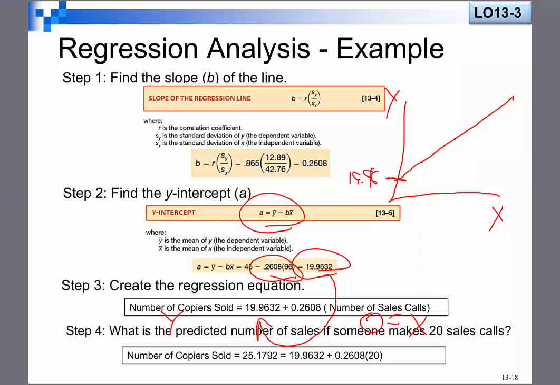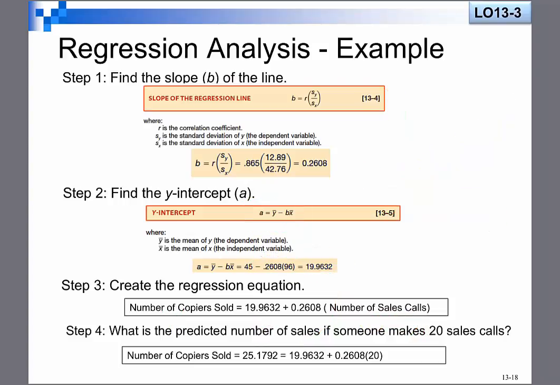So even if x is 0, you still have some y being sold. With that information, we can then create the regression equation. We just take this number, plug it in right there, and we take this number, plug it in right there, and ultimately we're done. We've created the regression equation.